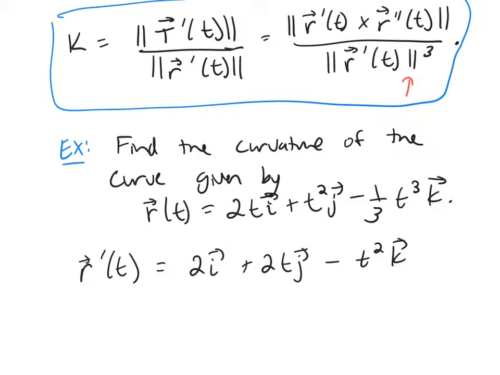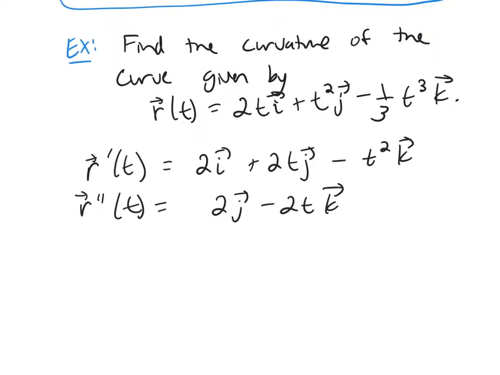And I also need r double prime, a second derivative, so I get 0i, 2j minus 2t k. And then I need to compute the cross product of these two vectors.